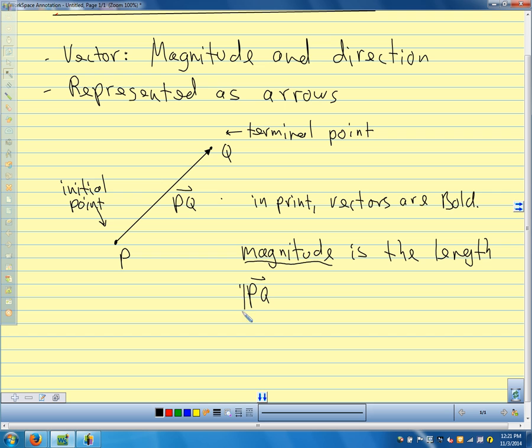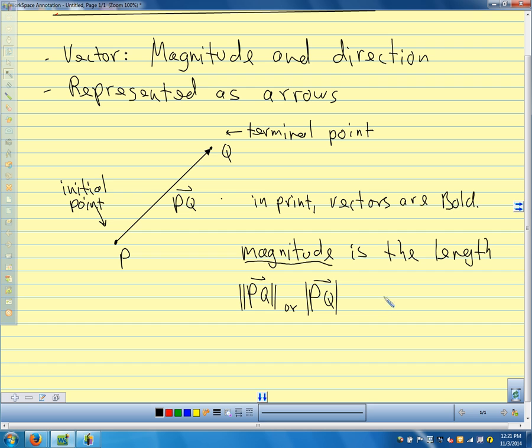We use double bars around the vector to show the magnitude. And sometimes you'll see it this way. Usually in our book they use the double bars. Some books you'll see a single bar. When I learned vectors, we always just used the single bar. This means the magnitude of the vector, the length of the vector.